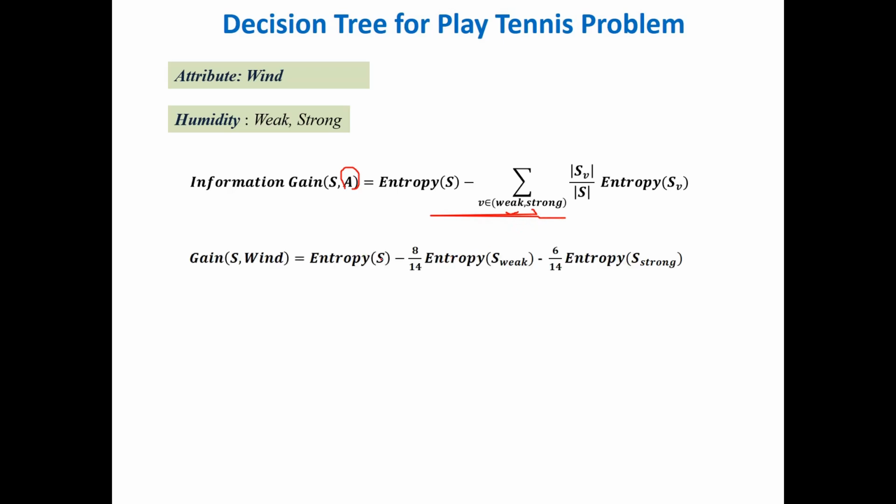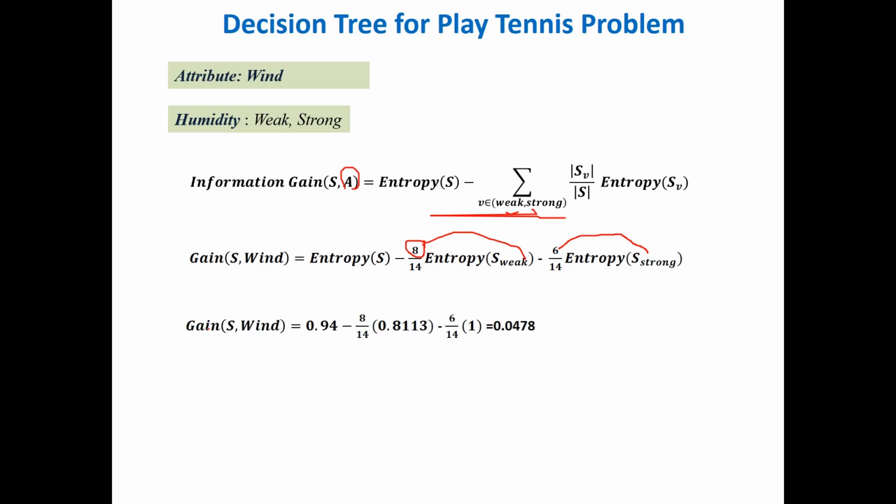So now for information gain of the wind, with the same formula we will go. Information gain of this attribute wind over the whole data set. So we will consider the two values of the wind, that is weak and strong. So here out of 14 in the whole data set, 8 are weak and 6 are strong.